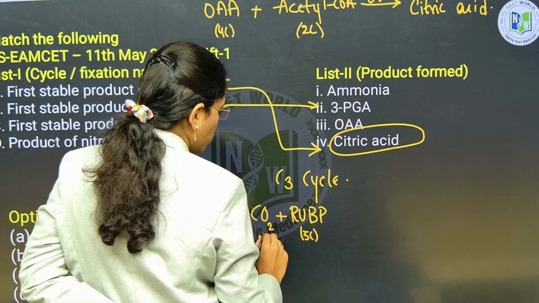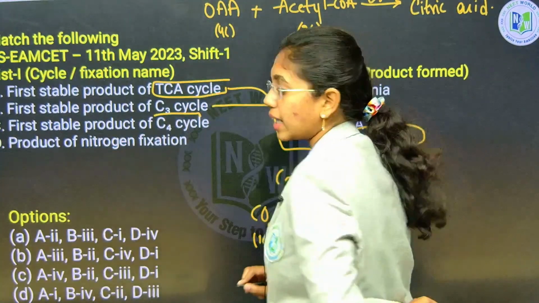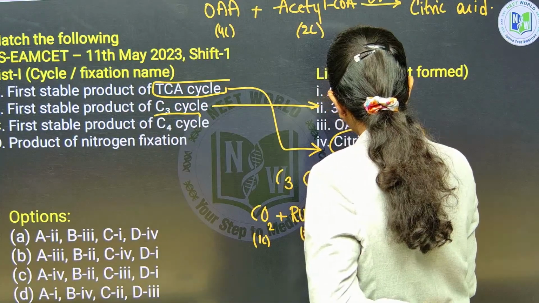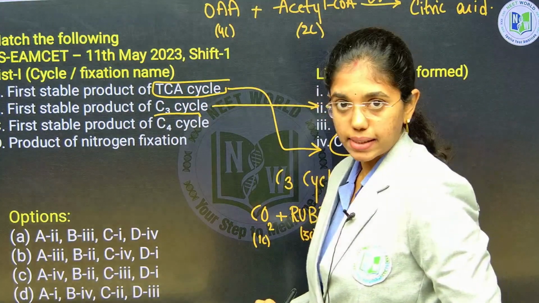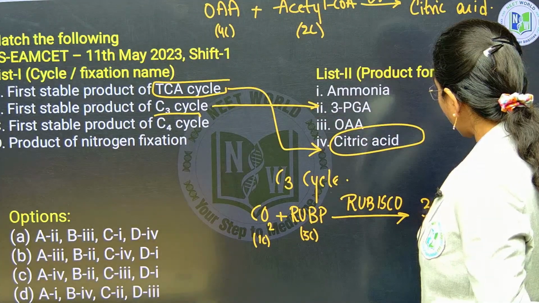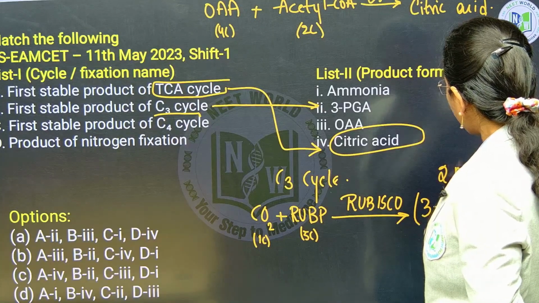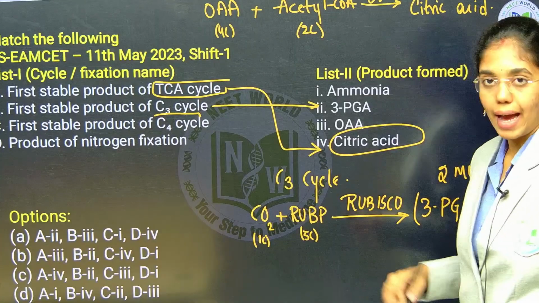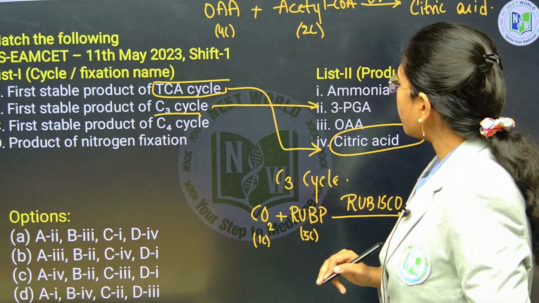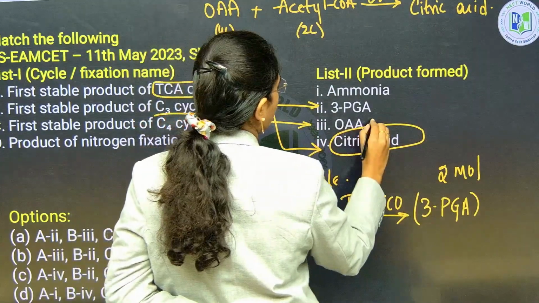The first step is catalyzed by Rubisco, ribulose bisphosphate carboxylase oxygenase enzyme, and the first stable product formed is 3-phosphoglyceric acid. Here 2 molecules of 3-phosphoglyceric acid are formed. So, B will be 2.